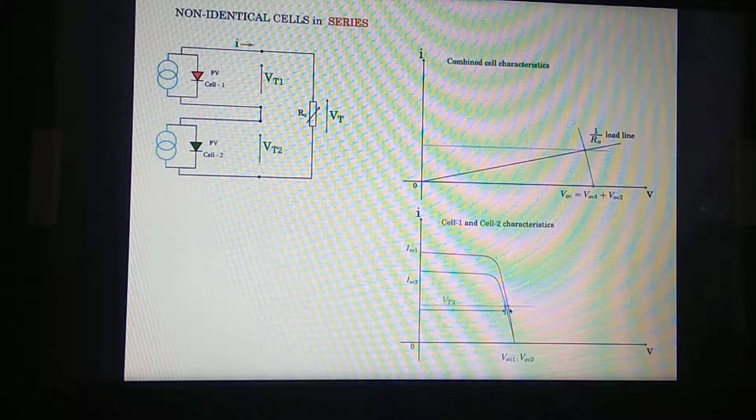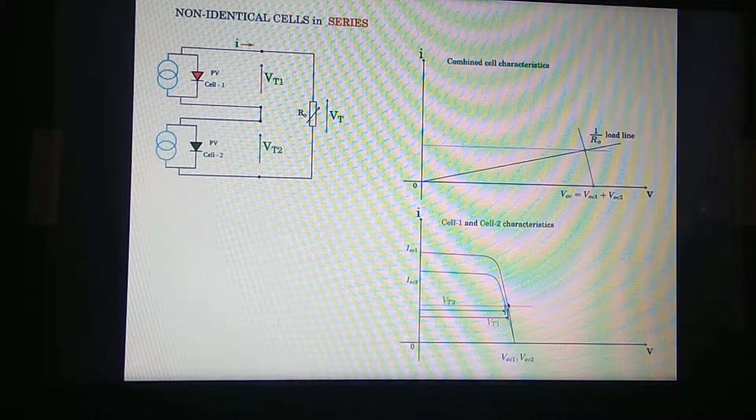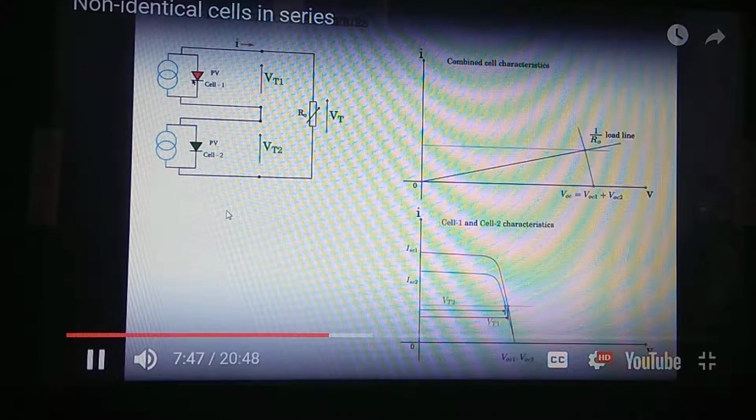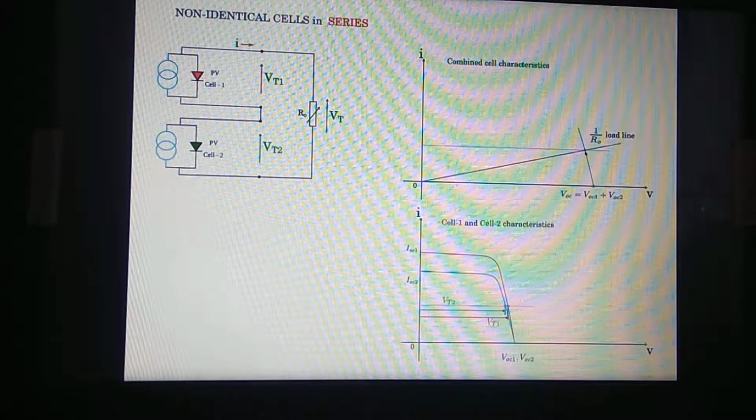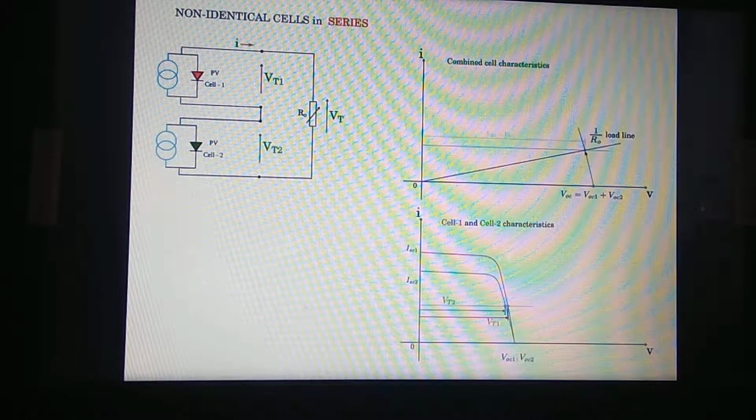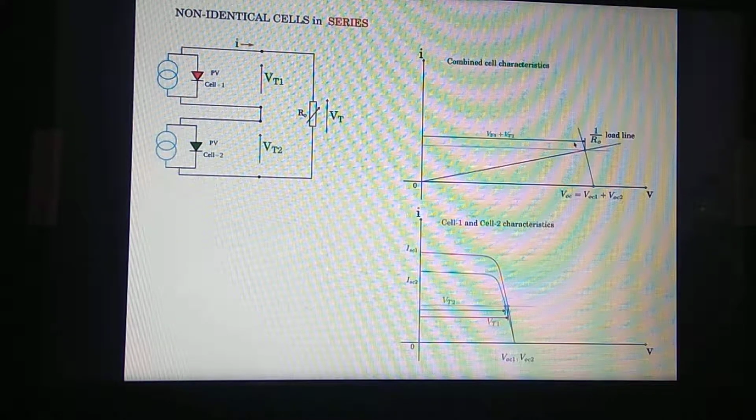So this distance is the voltage across cell 2, VT2, and this distance with respect to the other operating curve is VT1, the terminal voltage across cell 1. This voltage plus this voltage will be the voltage at this operating point here as shown, which is VT1 plus VT2.